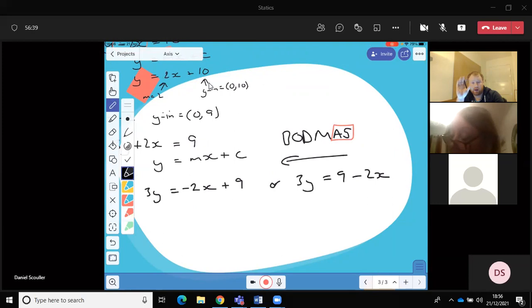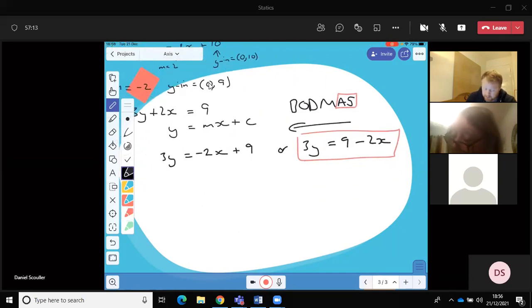So 3y equals minus 2x plus 9 is exactly the same as 3y equals 9 minus 2x. We've just rearranged that 9 and minus 2x. It looks a wee bit neater that way on the right hand side. It still tells you the same information, but just make sure that you're aware what the m is going to be and the c is going to be in that. So you might see it written like that sometimes. Just be aware that's what they've done. It's just to make it a wee bit neater.